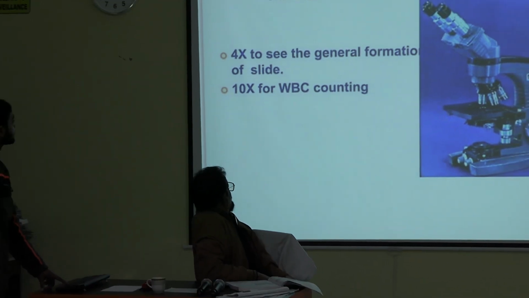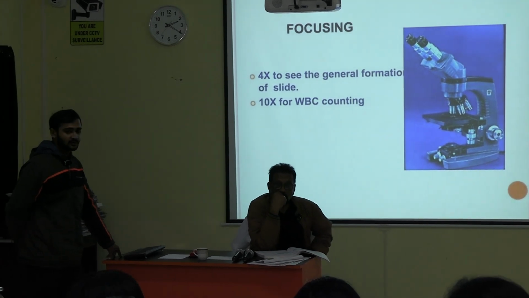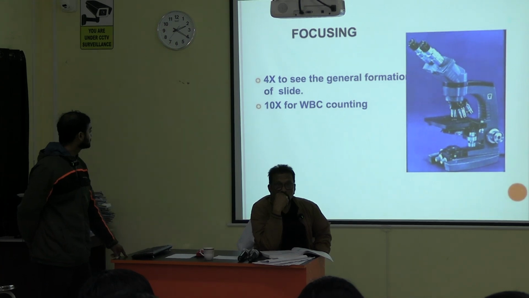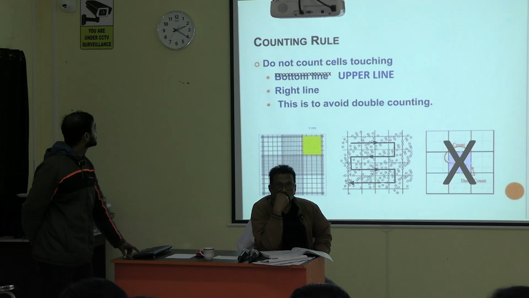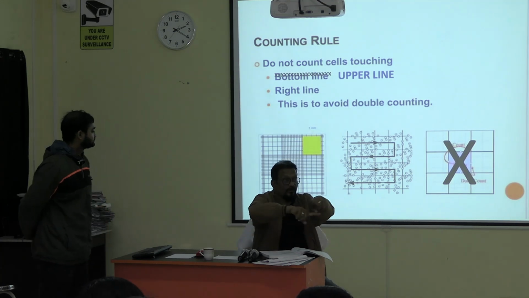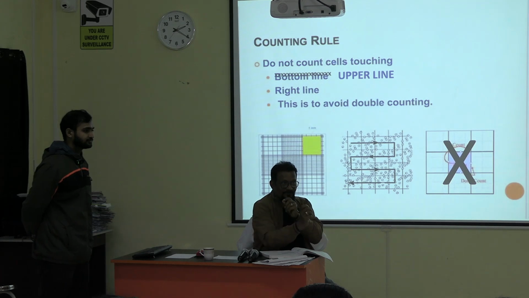In focusing, first you have to focus the slide under 4x. Then for WBCs we have to go to 10x. The 5x is for the survey purpose, to see the overall condition.